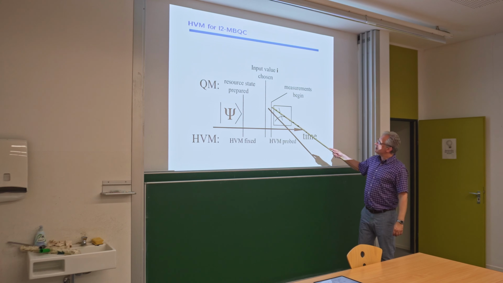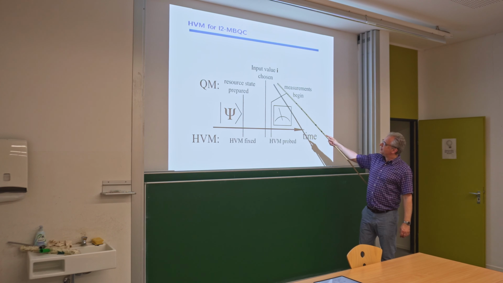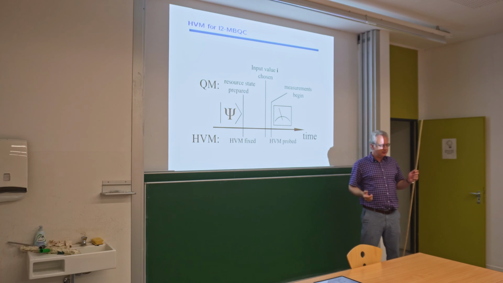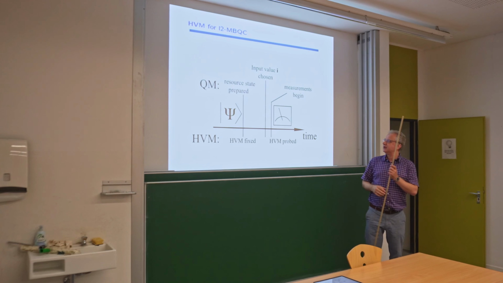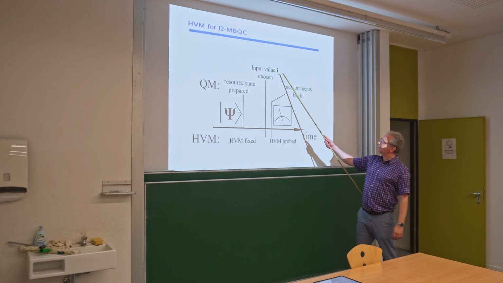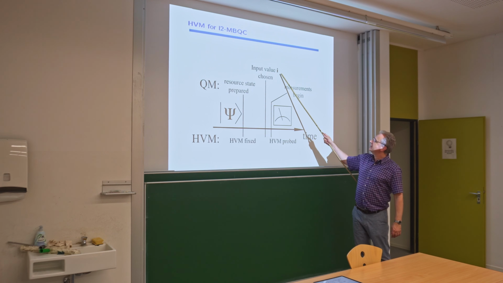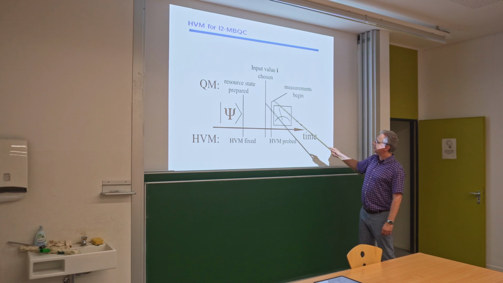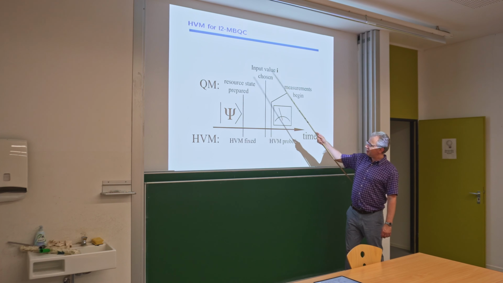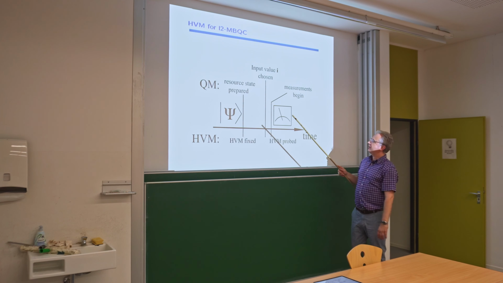At a later time, the input to the computation is chosen. Suppose we want to use the quantum computer to compute a Boolean function, and we want to figure out for which input value that function is evaluated. That is when the computation happens. So the HVM state preparation is at the beginning of time.